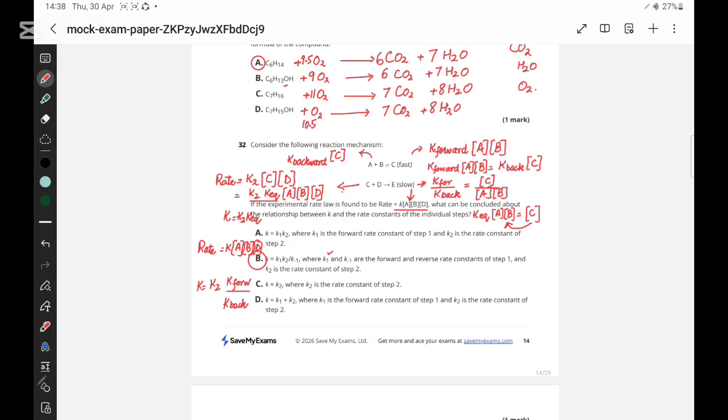K forward and K backward are the forward and reverse constants for step 1, and K2 is the rate constant for step 2. This is step 2, so this goes along with this option.